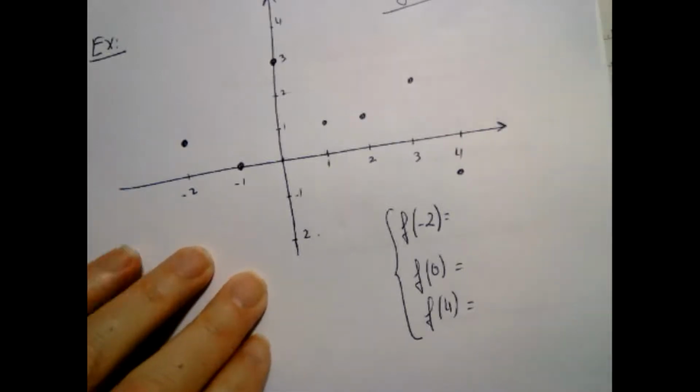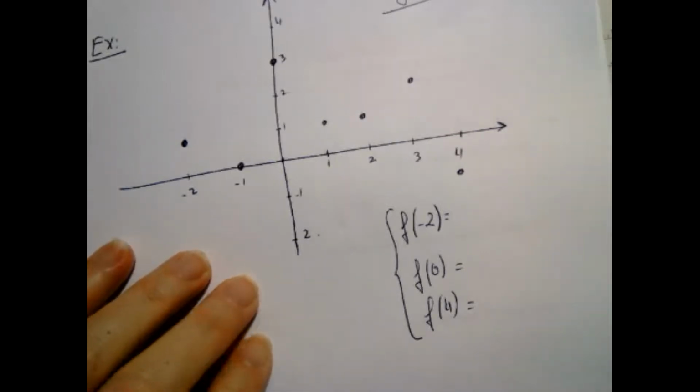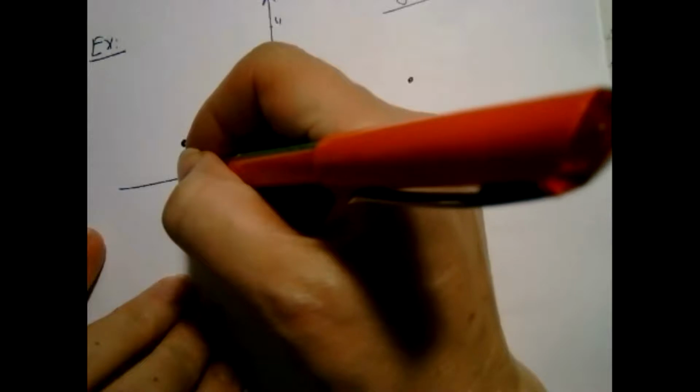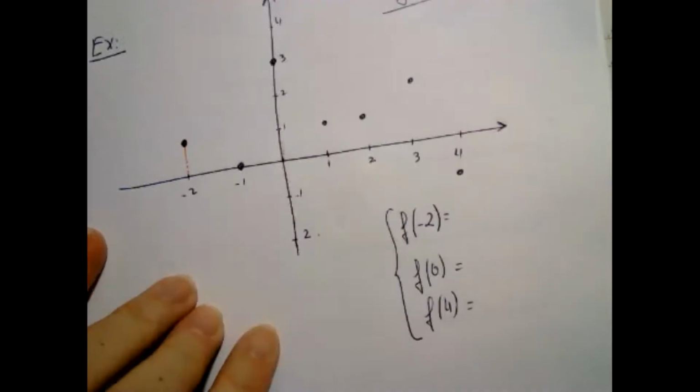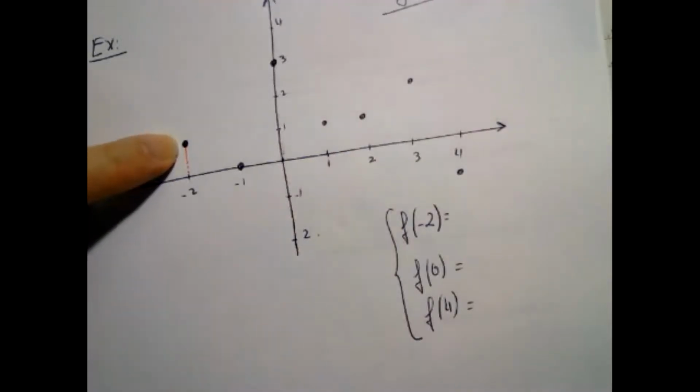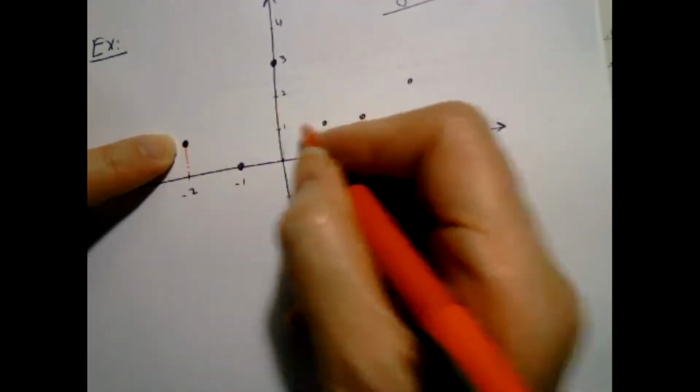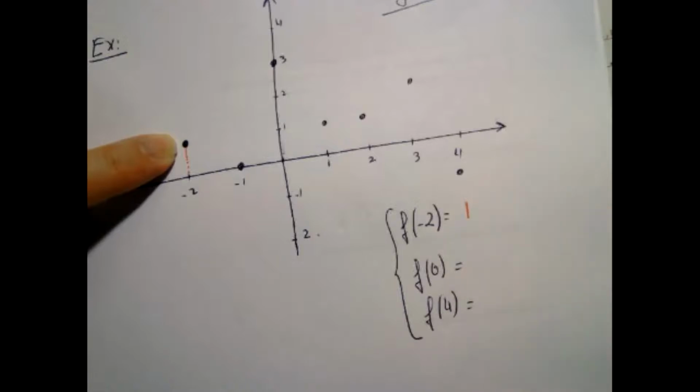Okay, I'm getting one answer. Do we agree? So this is minus 2. The graph is a bunch of points. From minus 2, I take the vertical distance till I hit the graph. From minus 2 to here, this is equal to 1. F of minus 2 is 1.